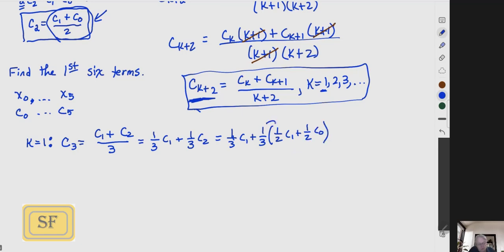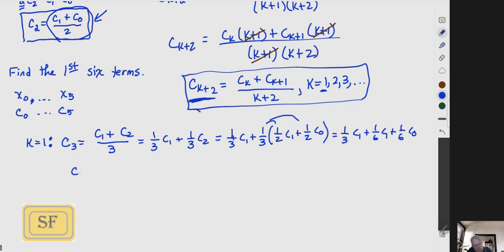When I distribute, that gives me 1/3 C1 plus 1/6 C1 plus 1/6 C0.